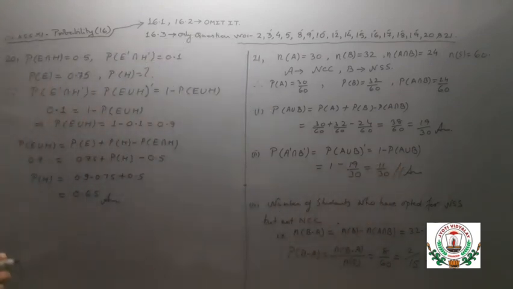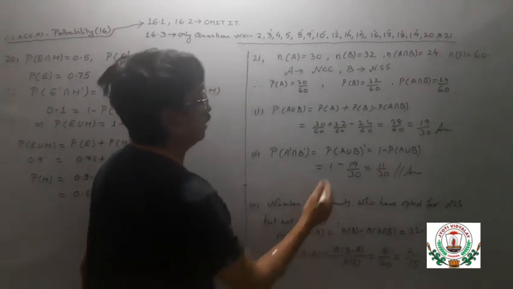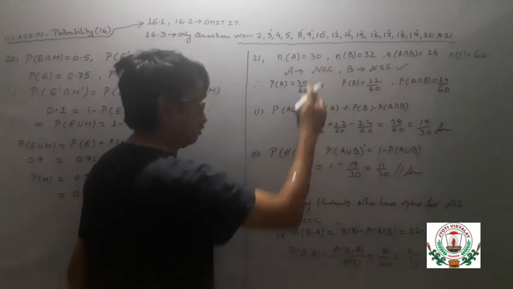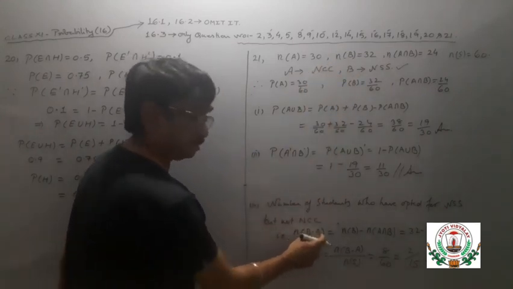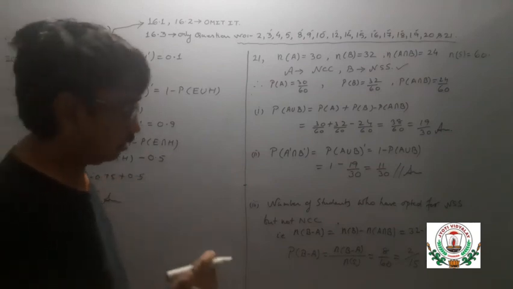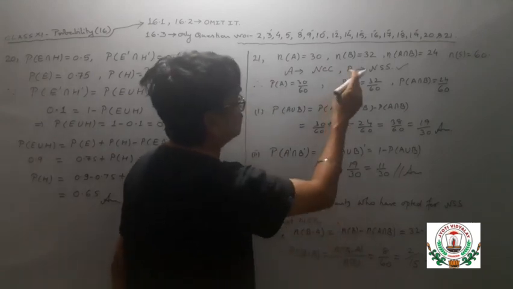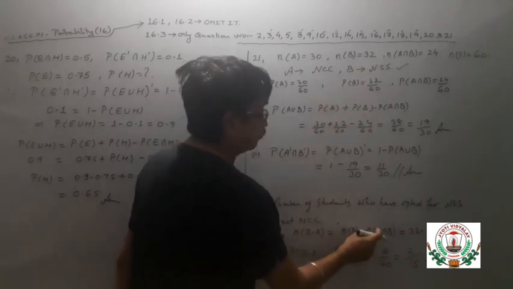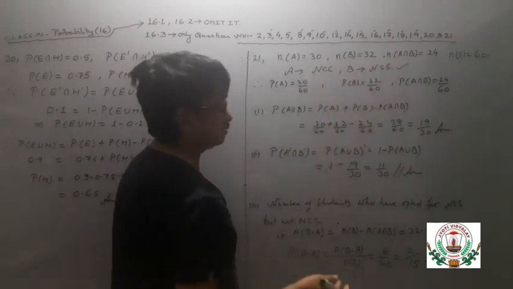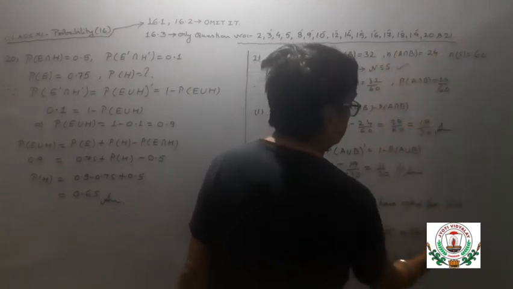And the number of students who opted for NSS but not for NCC. So NSS is our set B, opted NSS but not NCC. So it will be N of B minus A, the difference of sets: belongs to B but does not belong to A. So the total number of students who opted for NSS, subtracted by the number of students who opted for both NSS and NCC: 32 minus 24 equals 8.